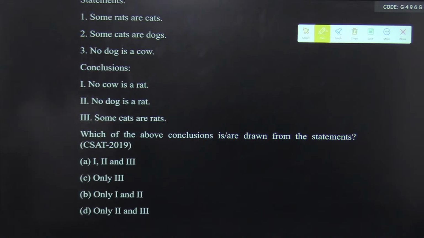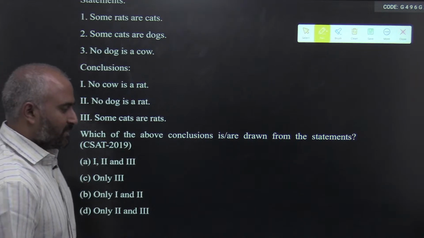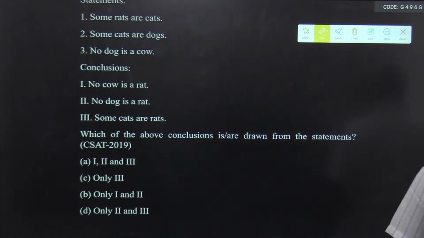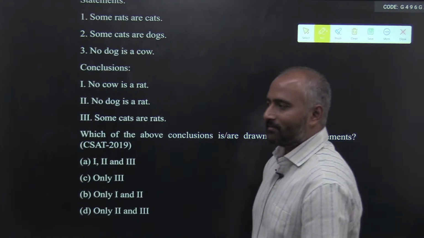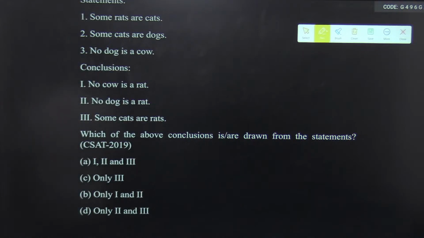So we'll stop syllogisms with this. How much time will it take you to revise the concepts that we have seen? Hardly 5 minutes. So always learn the right way to solve the problems. It will be easier for revision, it will be easier for answering too.